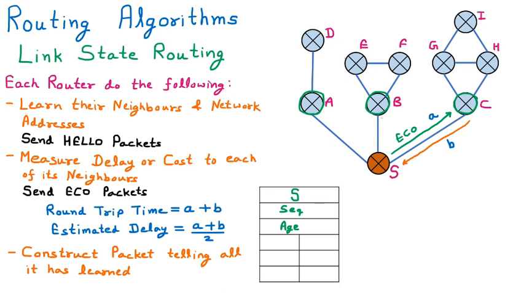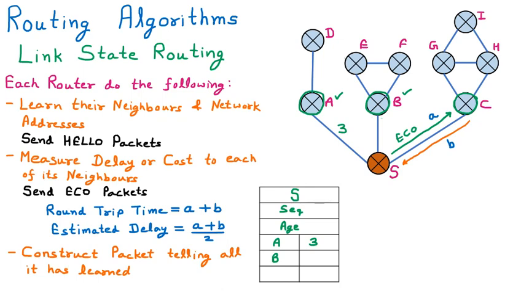Then afterward, who are the neighbors? That will be added. Let us suppose that A is the neighbor. So the A entry is added here. We assume that after sending the echo packet, we have calculated the distance, like it is 3. So A is at 3 cost away, or maybe the time away. Then afterward we have the next neighbor, which is B. So the B entry is added.